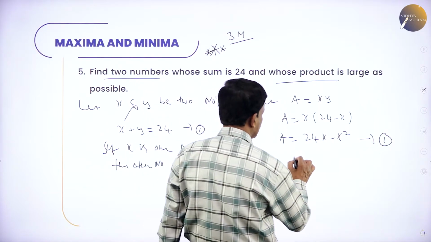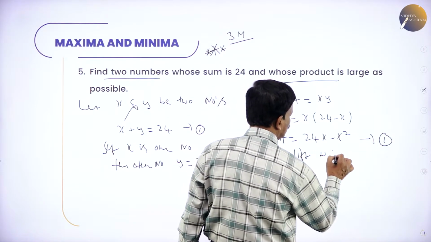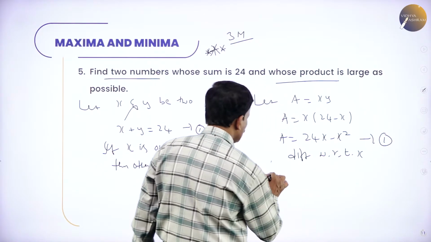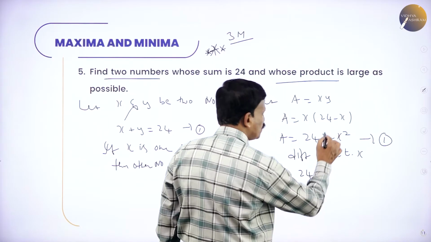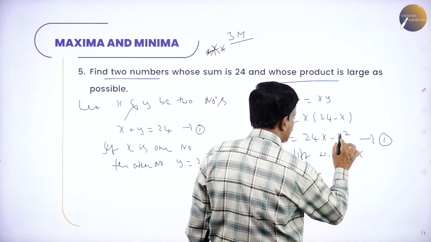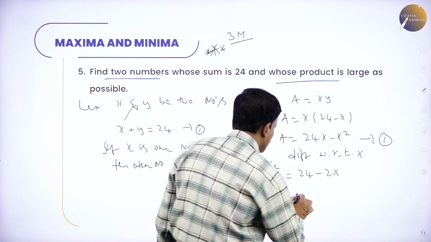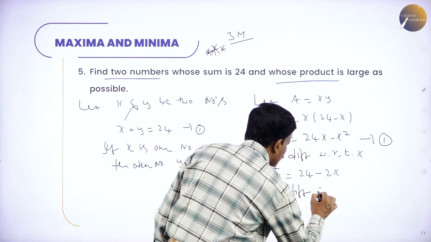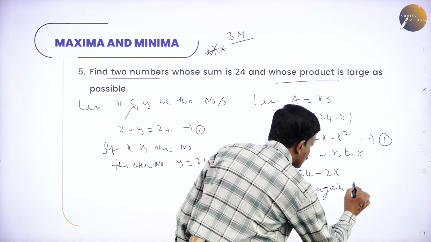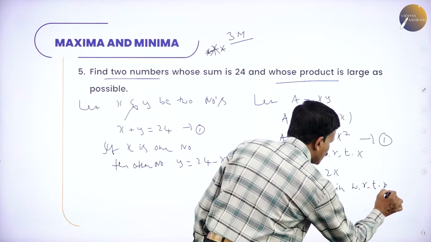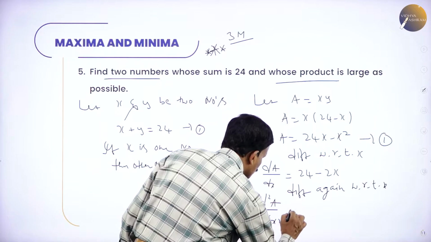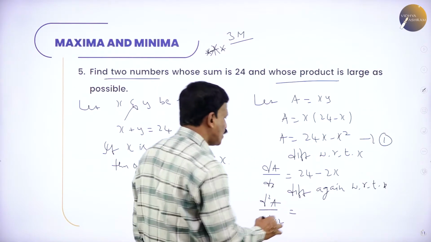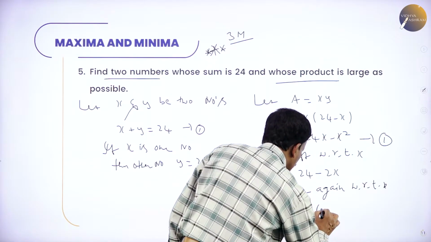Now, differentiate this with respect to X. What you will get? dA by dx is equal to 24 into differentiation of x, which is 1, minus differentiation of x square, which is 2x. Differentiating again with respect to x, d square A by dx square is equal to 0 minus 2 into 1.